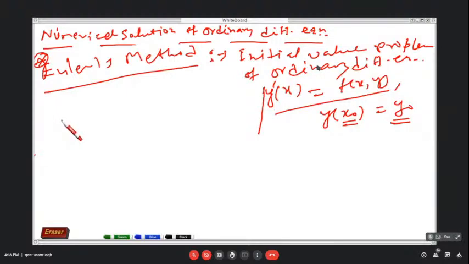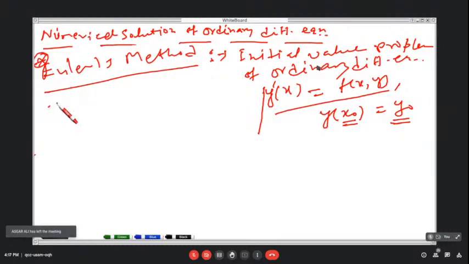Now, to solve this differential equation, we will expand y is equal to y of x.